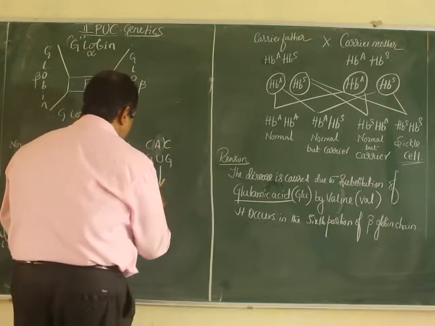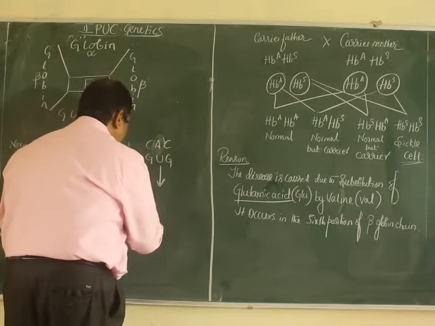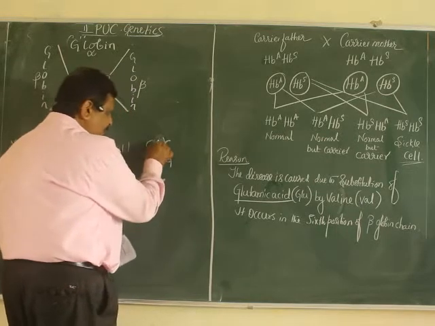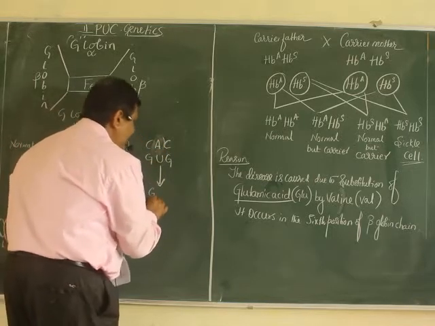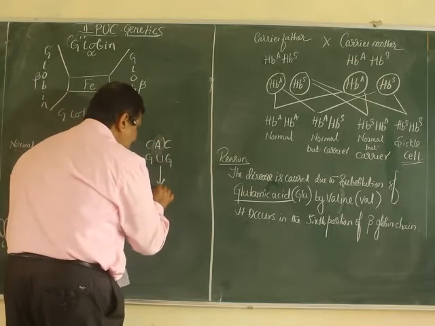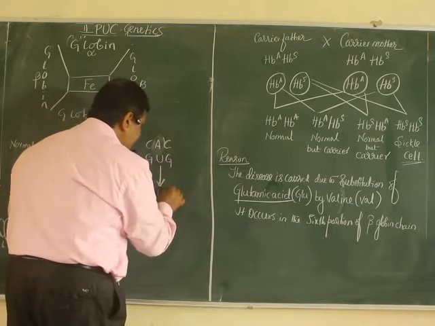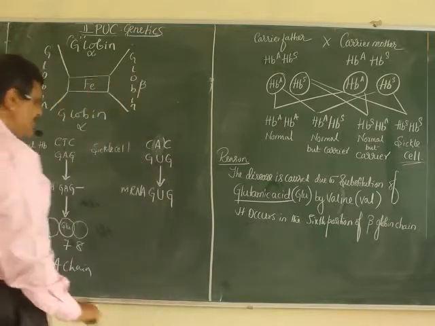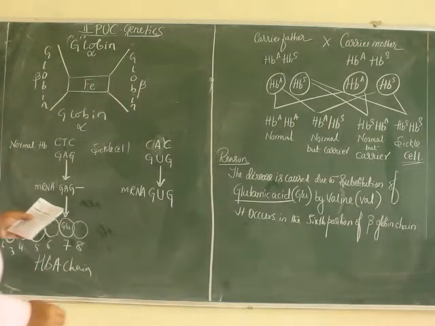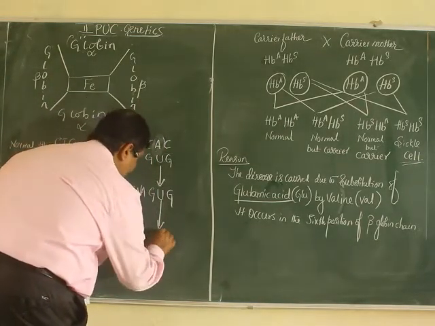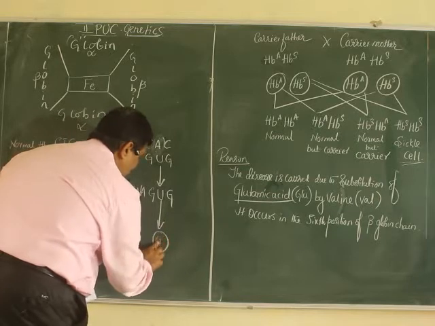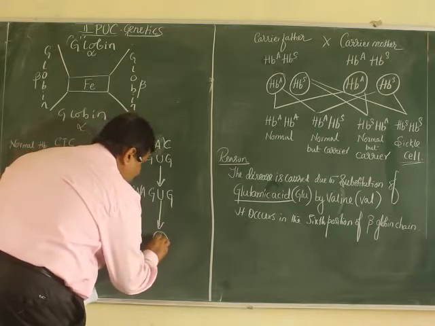Now, in transcription, because this is the template strand, the mRNA will have, instead of C, G, A here, G, U, G. Then what happens? Instead of glutamic acid, what will it produce?